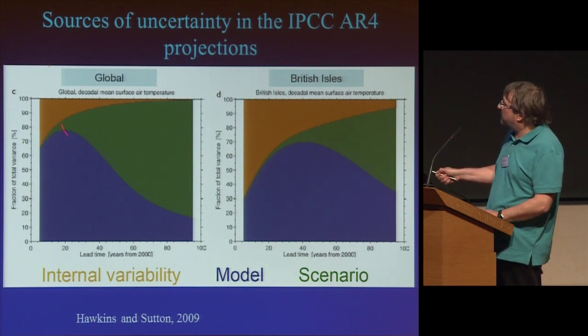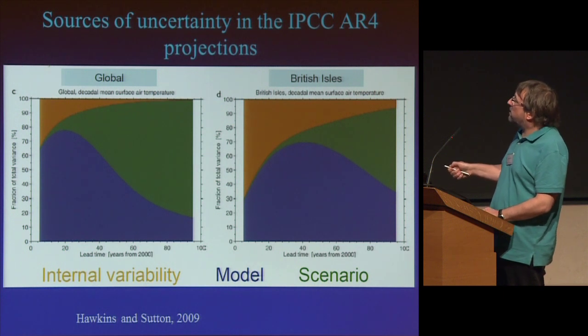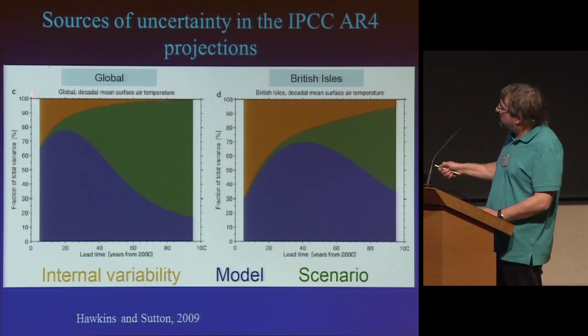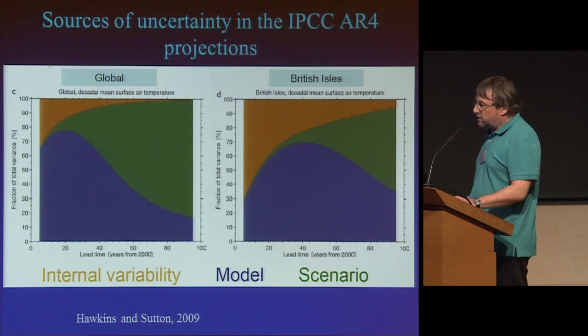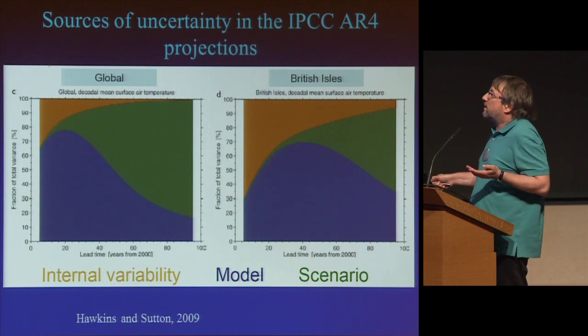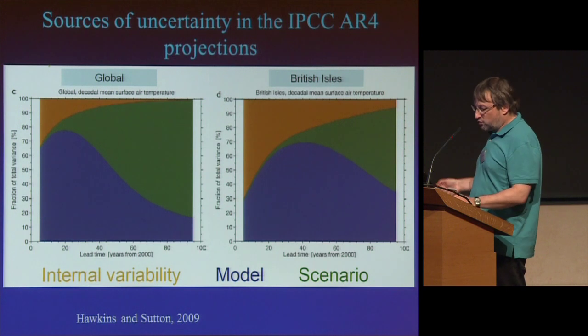But in the decadal time scales, it is not necessarily the case. You have still some contribution of the initial conditions, or I mean internal variability, which is somewhat due to the initial conditions.